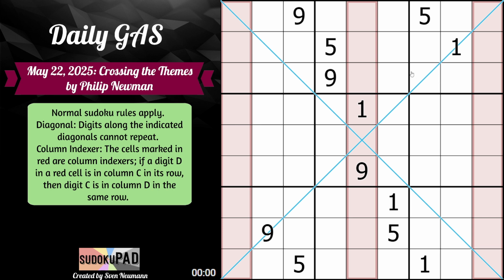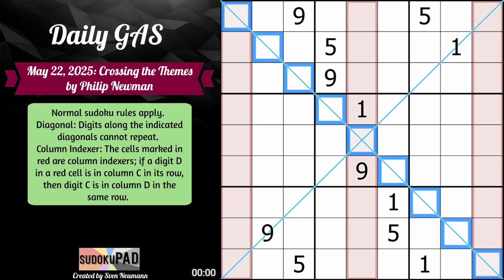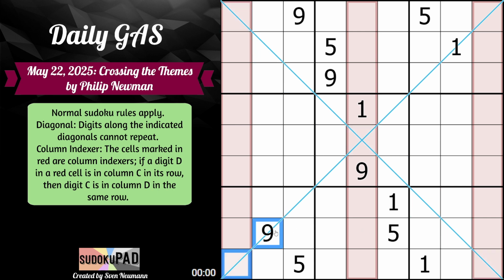Well, our diagonal is what we've seen a few times from Philip here, where he has crossed the themes a number of times. What we're looking at is this diagonal here will contain the digits 1 to 9 once each. This diagonal similarly will contain the digits 1 to 9 once each.